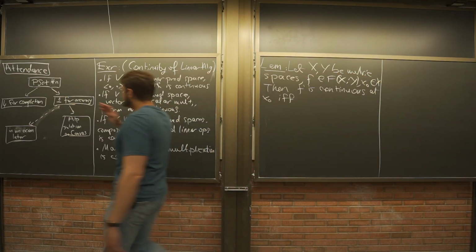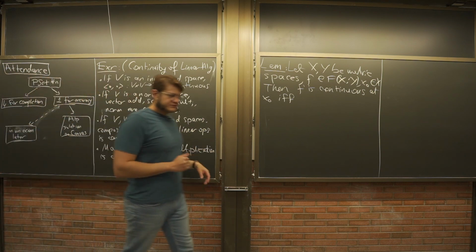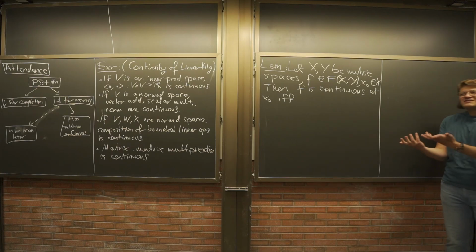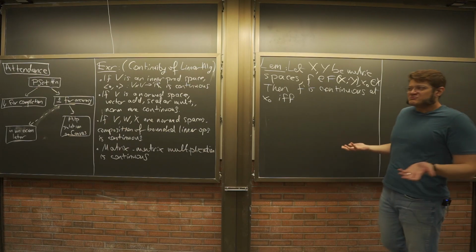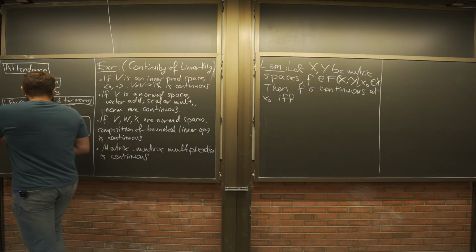Given any problem set, there's going to be probably 5 problems. 4 of the problems are going to be graded for completion, which basically means if you did something that seems relevant, you're going to get full credit for that problem.